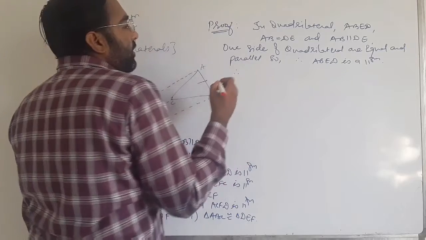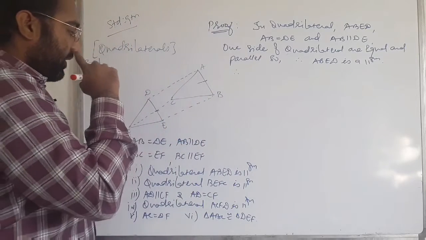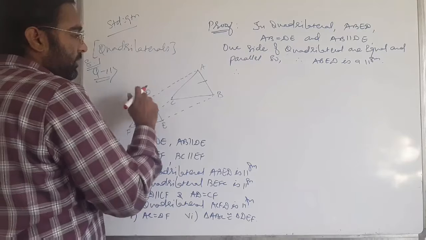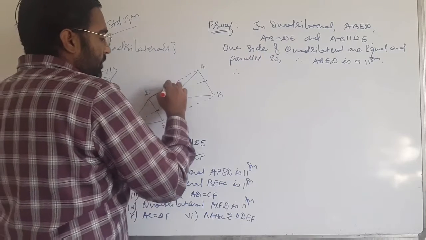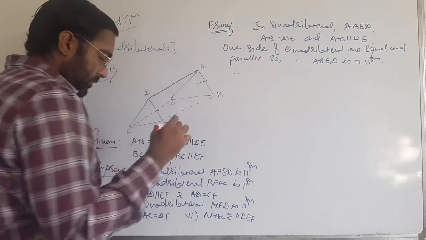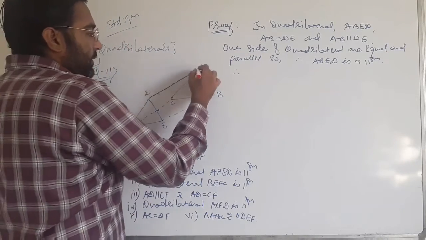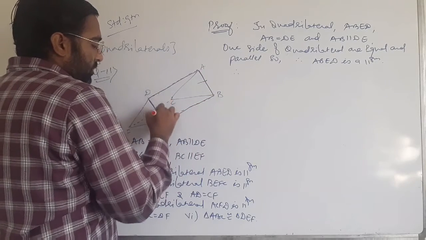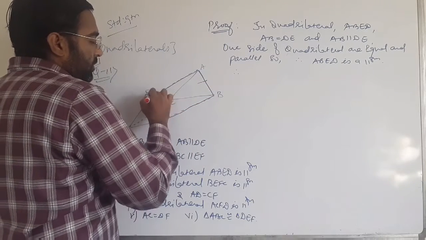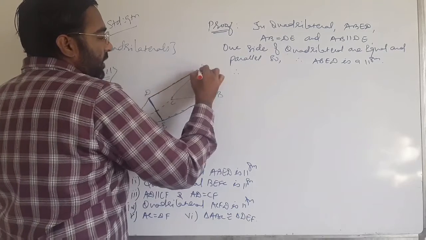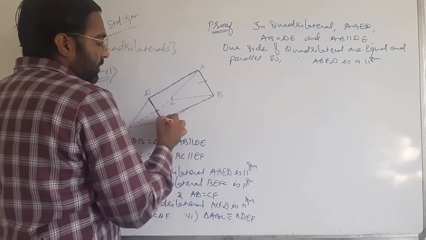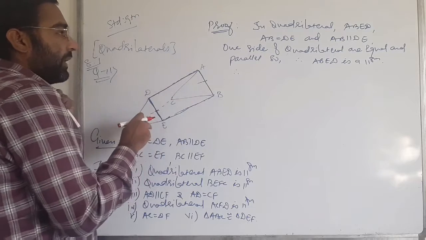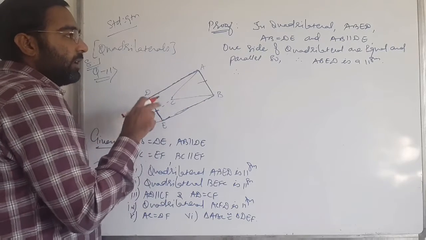Therefore if ABED is a parallelogram, where is the ABED? This one. Okay. Now ABED is a parallelogram. So we have to write that here AB and DE are parallel and AB is equal to DE, that is given.